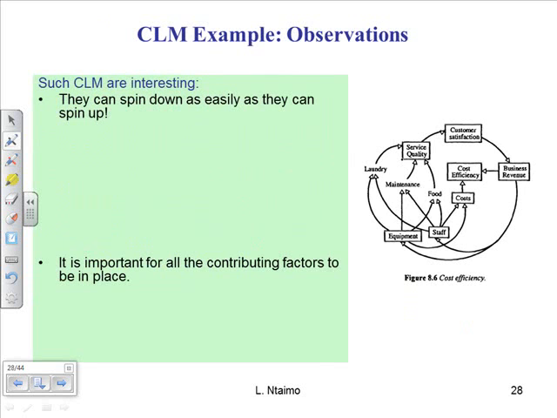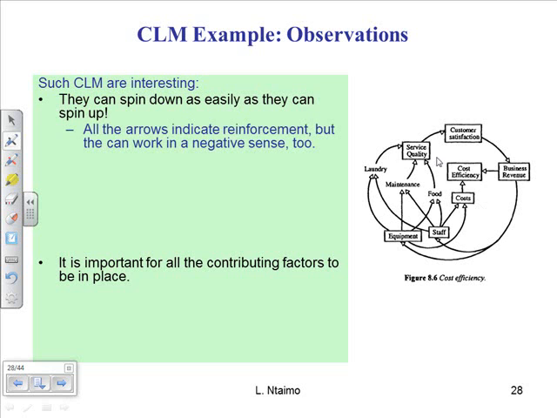And so with causal loop modeling, we can see that in many cases we can go either way. And so it is important to have all the contributing factors included in your causal loop model. In this case, for example, we see that we have this cycle of continuous improvement.